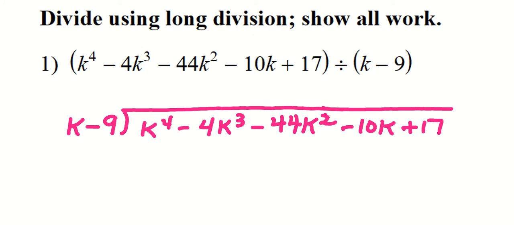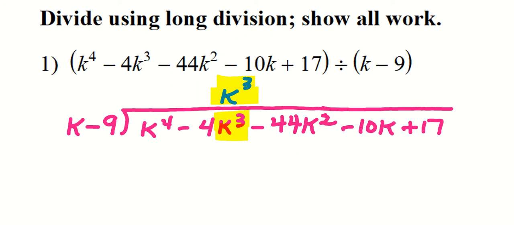So k into k to the fourth is k to the third, and we want to stack our powers. When I say stack, this is a power of 3, and this is a power of 3. I like to keep everything organized and stacked on top.